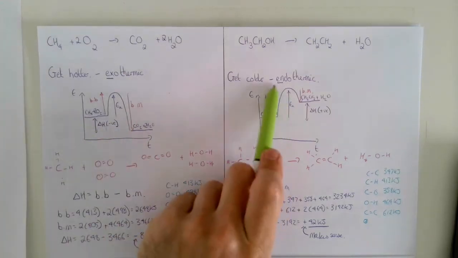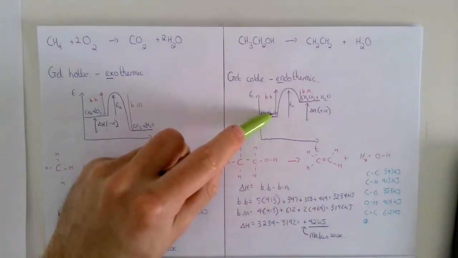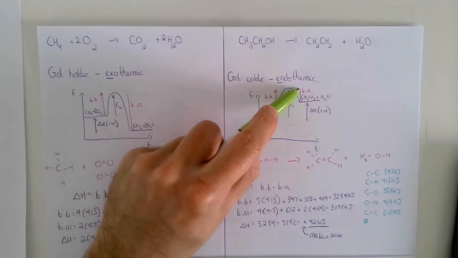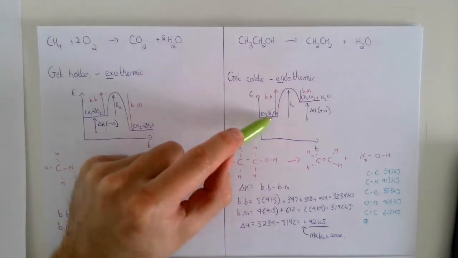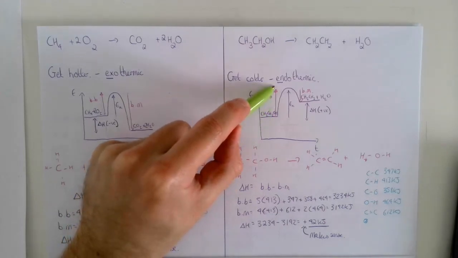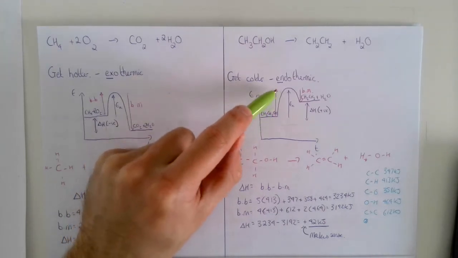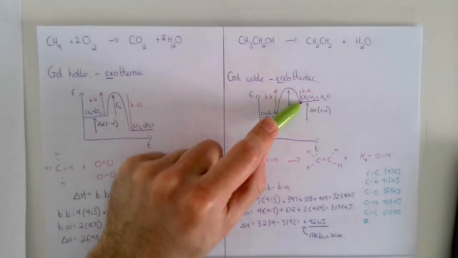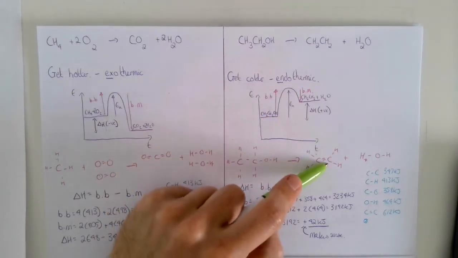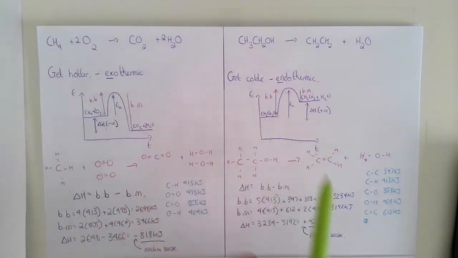If we go over to endothermic, there's the energy required to break the bonds, there's the energy released when we make the new bonds. In this scenario, the energy required to break all of the bonds in the reactants is greater than the energy that gets released when we make the new bonds in the products. So if you're asked to explain it in terms of bond breaking and bond making, those are your explanations.